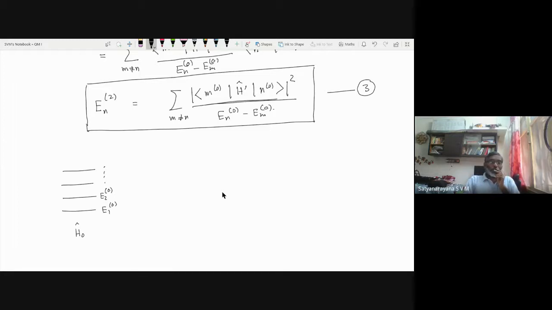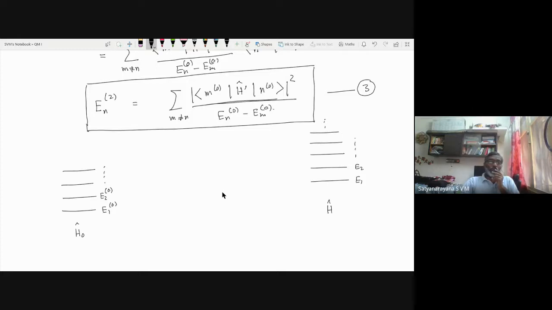Now let's say that you are applying a perturbation. Okay. Now what happens? Some energy levels will be there for the full perturbed problem. So let's say this is your H. Okay, so this is E1, this is E2, etc.